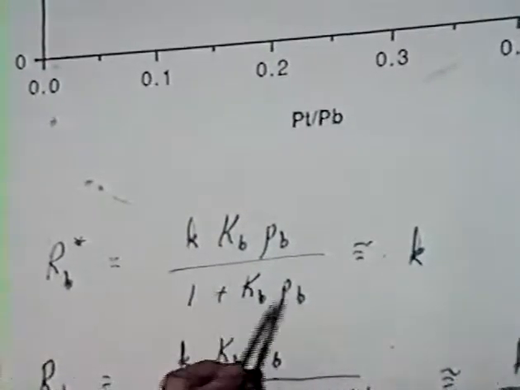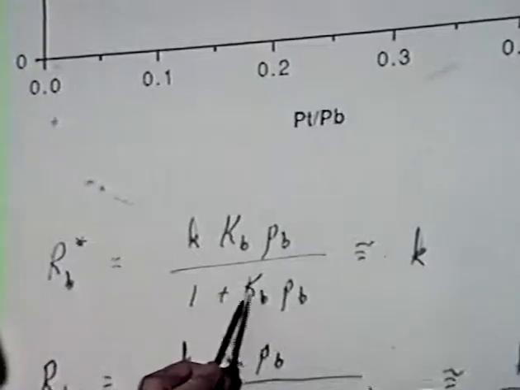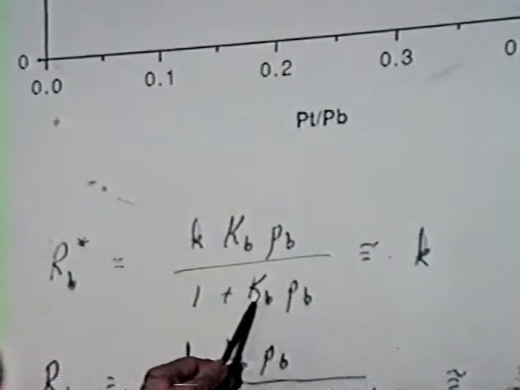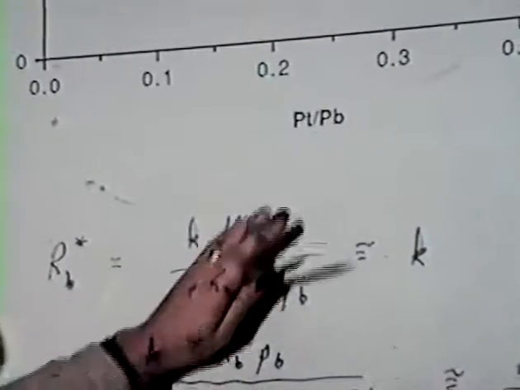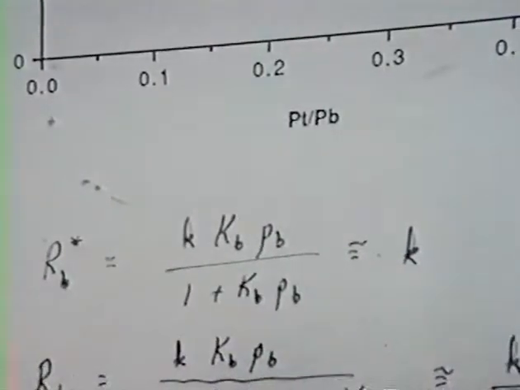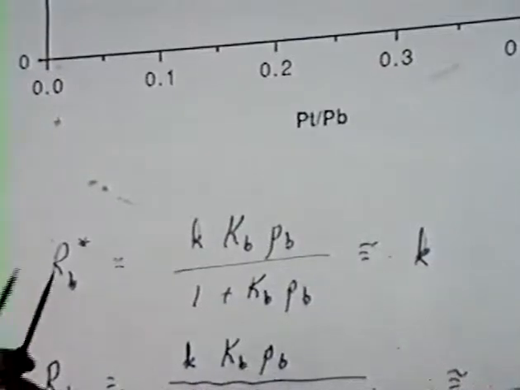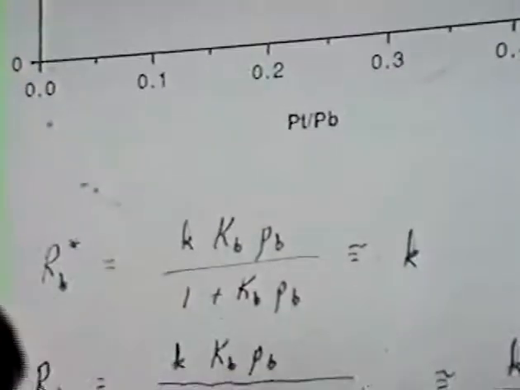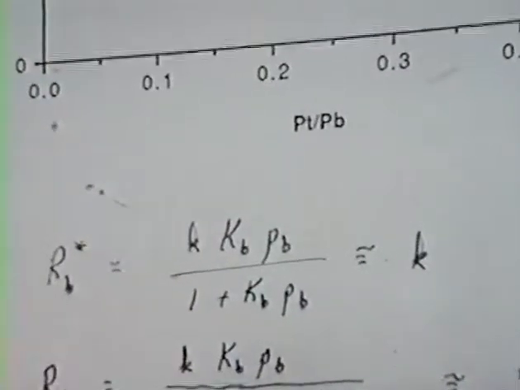And since this product of pressure and absorption equilibrium constant is very large compared to 1, those essentially cancel, and it's zero order. It's zero order at low temperature. So the rate of benzene hydrogenation neat is just the rate constant.